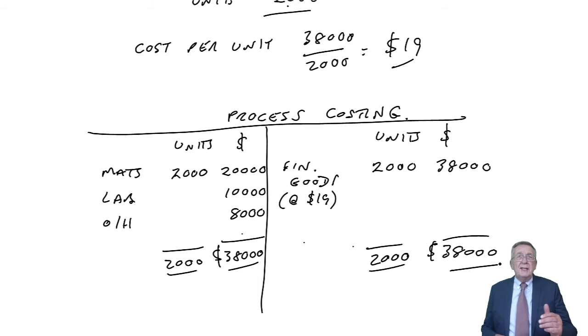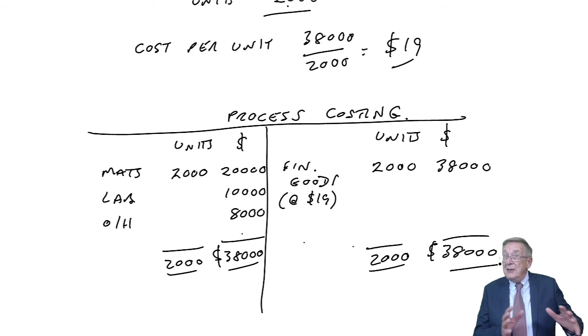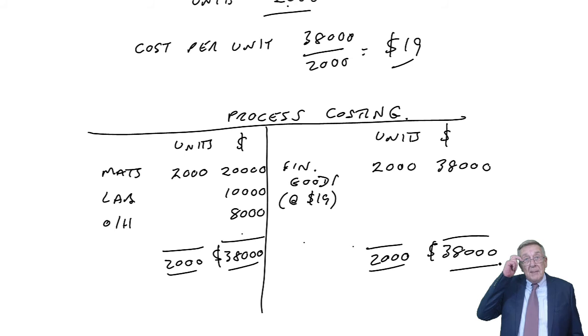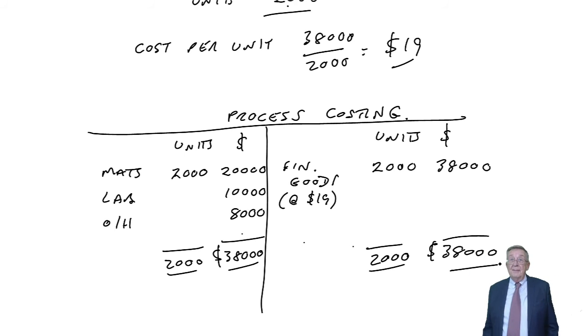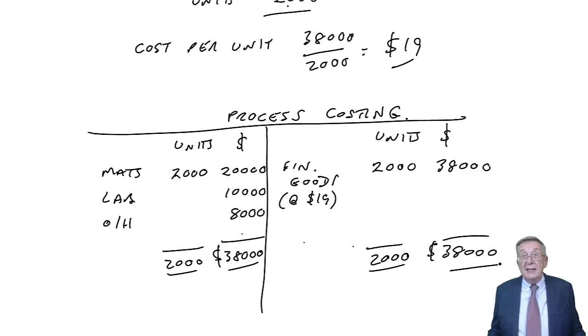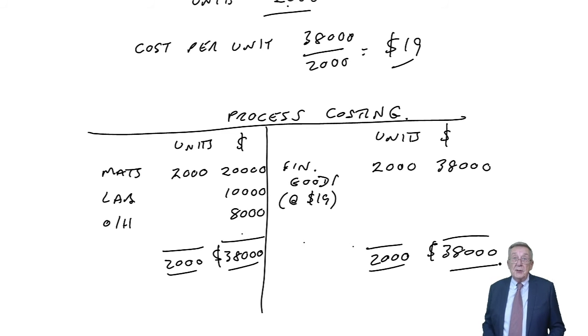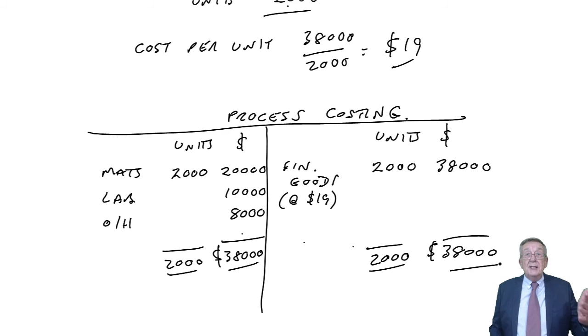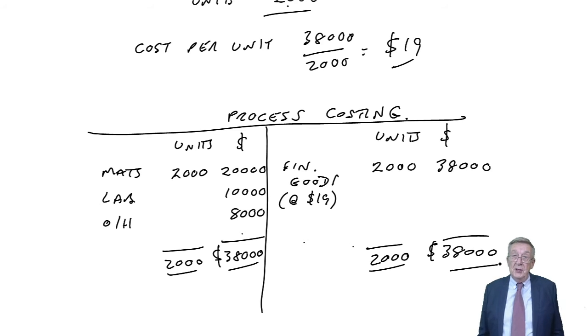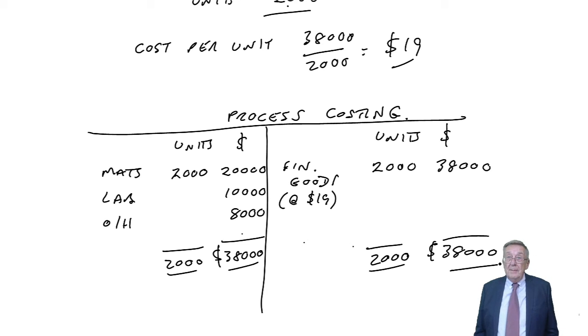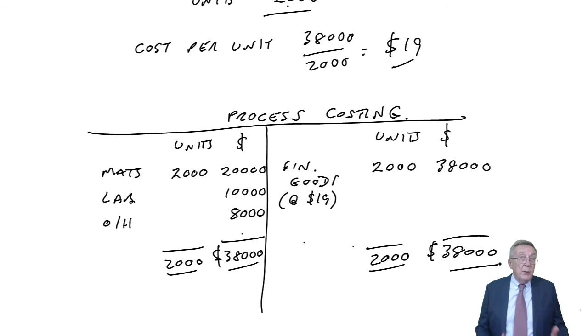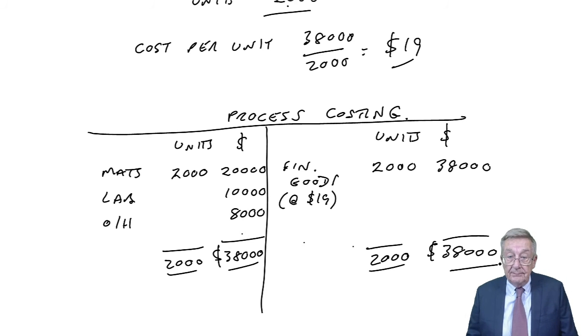And so although we might have put in 2,000 litres of liquid, some of that's going to disappear in steam. And so fewer come out. Well, we need to be able to deal with it. If we know we're not going to get 2,000 units out, it's a bit silly to cost it out over 2,000 units. So I'll show you the implications and how we deal with it in the next chapter.